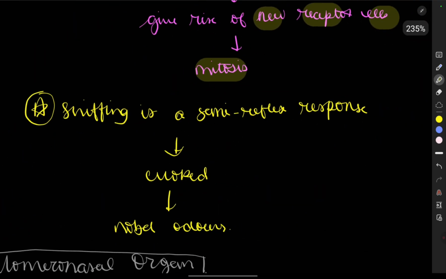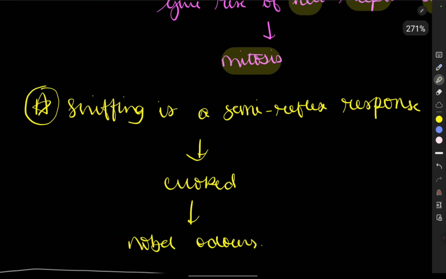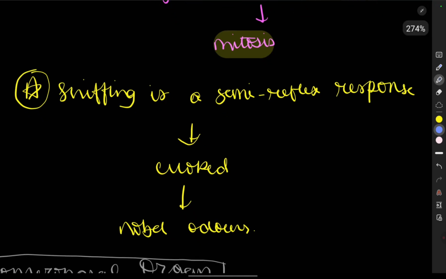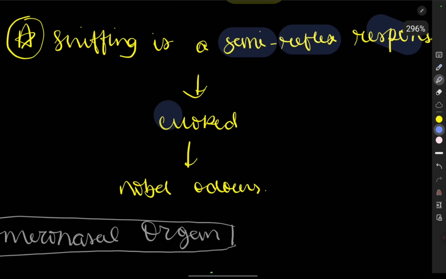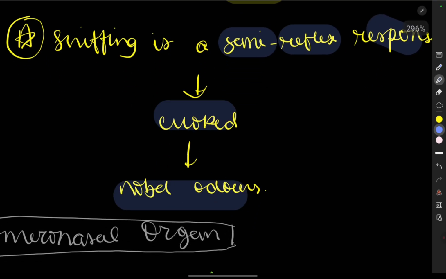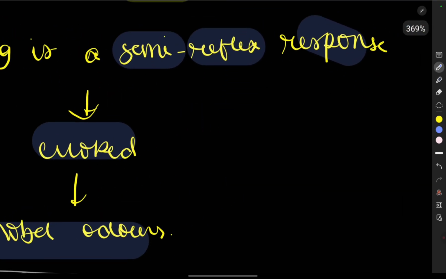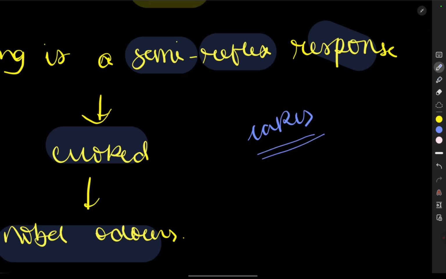Now an important point to be noted is that sniffing is a semi-reflex response that is evoked by noble odors. Suppose I love cakes and chocolates, especially a chocolate cake.